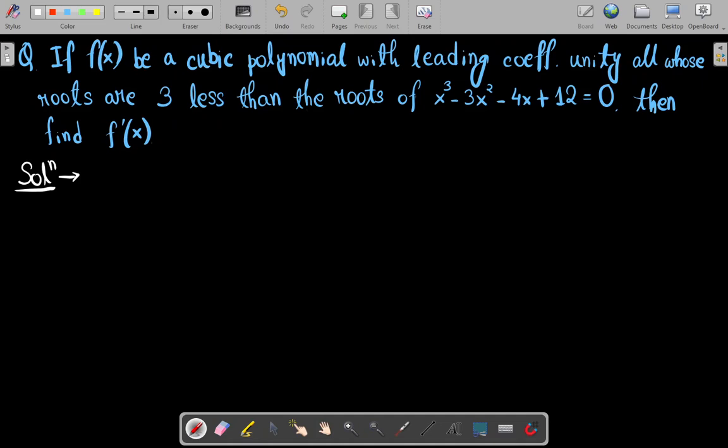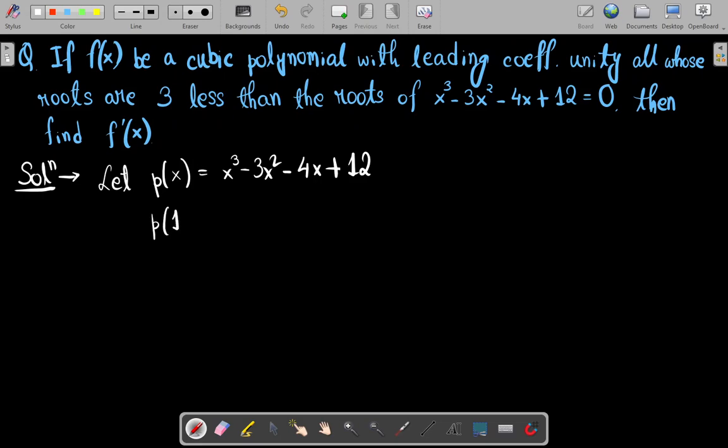So let us first start with this given cubic equation. Since we are given f(x), I'm taking p(x) here. Let p(x) equal this cubic polynomial x cube minus 3x square minus 4x plus 12. If I try by trial and error, let me see if 1 is a root or not.